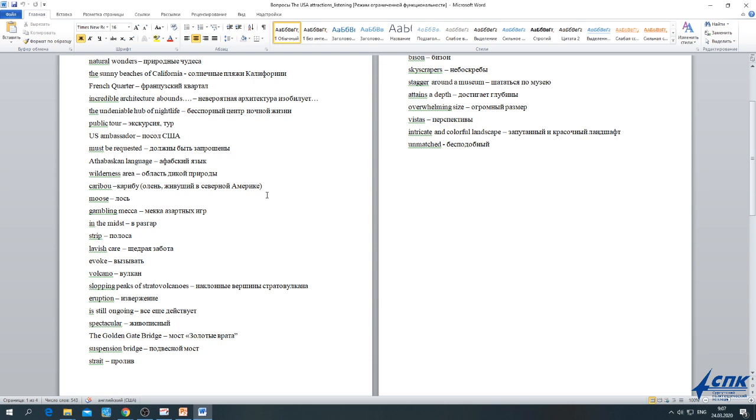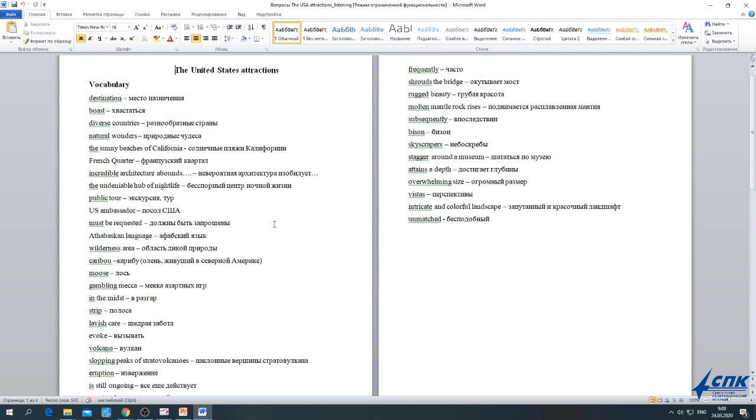Spectacular. The Golden Gate Bridge. Suspension bridge. Straight. Frequently. Shrouds the bridge. Rugged beauty. Molten mantle rock rises.